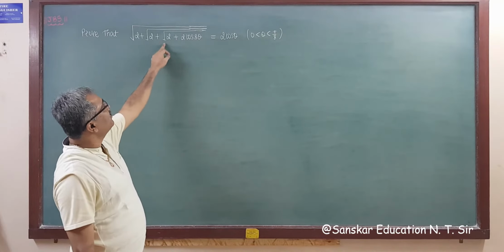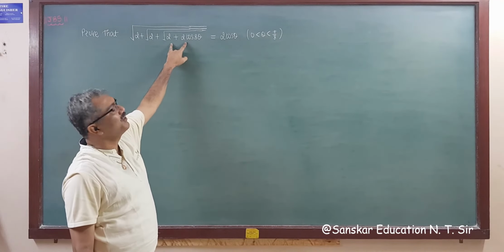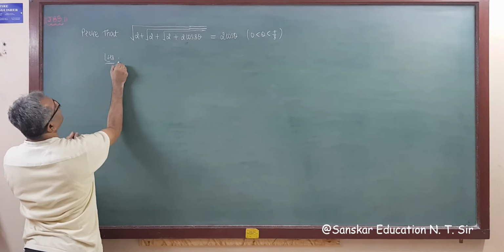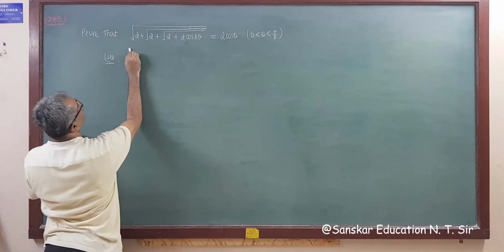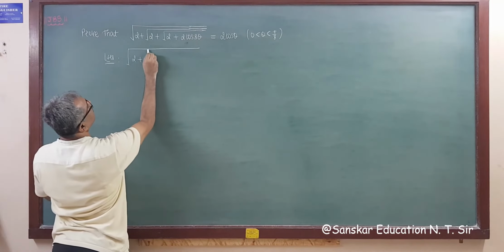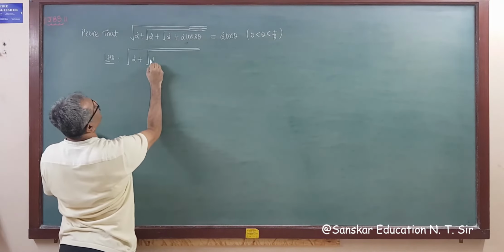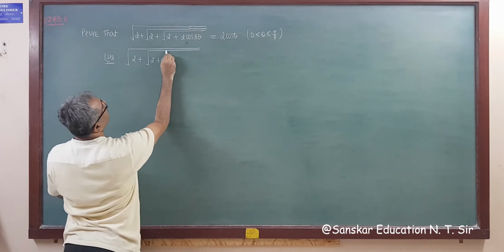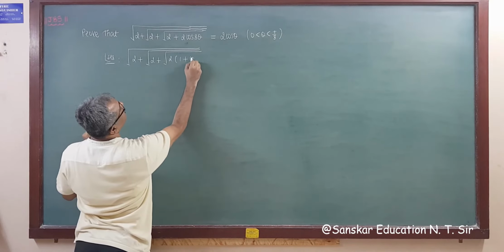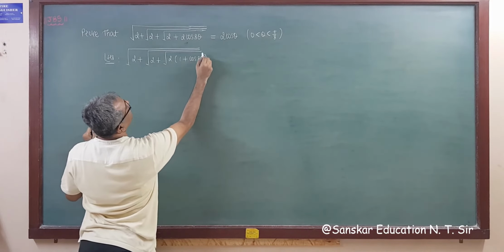So root here, if we take 2 common, so what is the left hand side? I am writing left hand side directly. This is root 2 plus root 2 plus root 2 common 1 plus cos 8 theta.